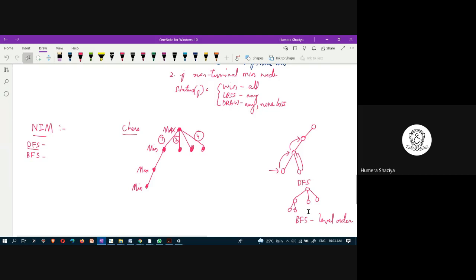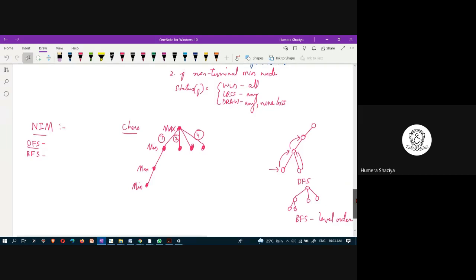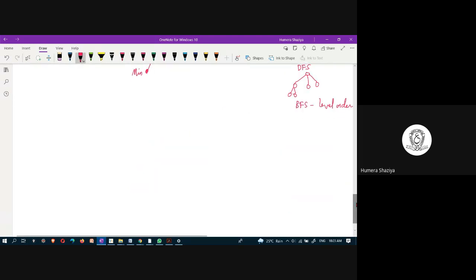And when you represent the tree, you can write all the options. This is a full game tree. In a full game tree, you represent all the moves that are possible from the start state. And Max can choose any one.